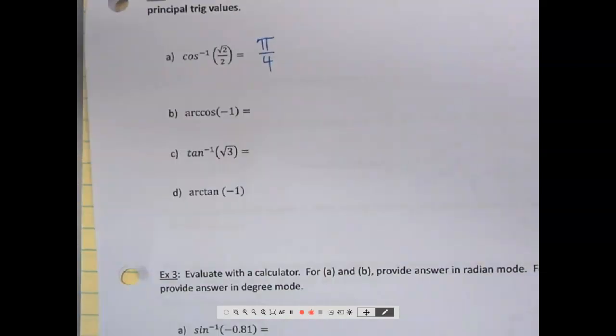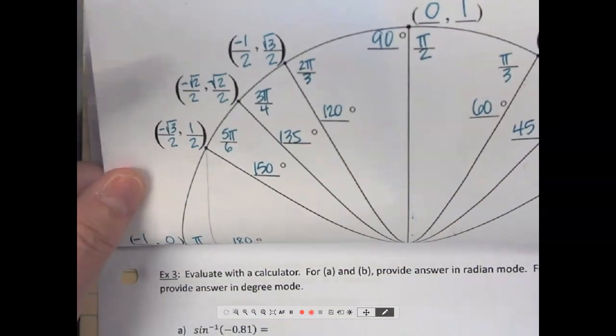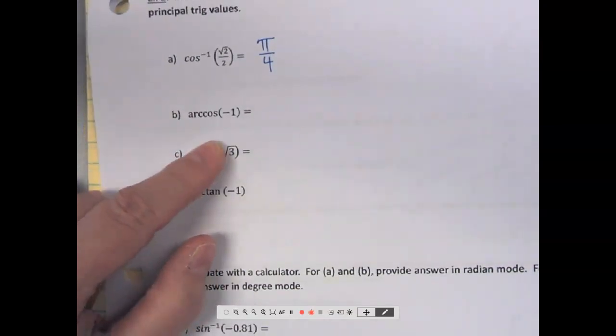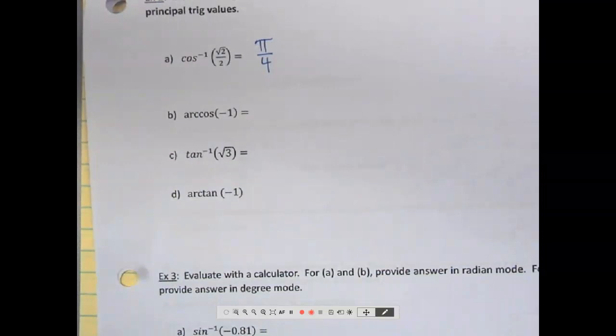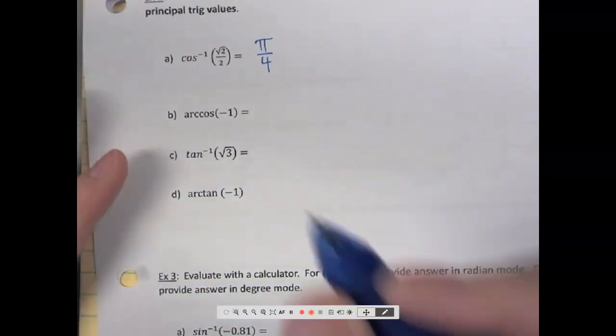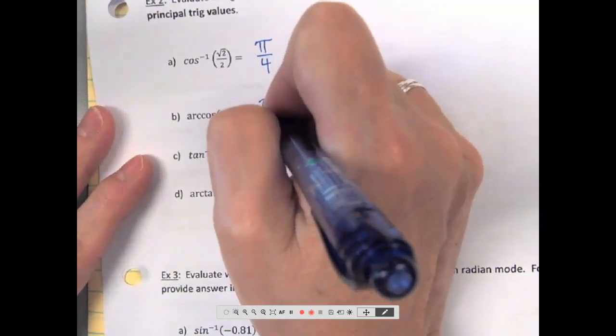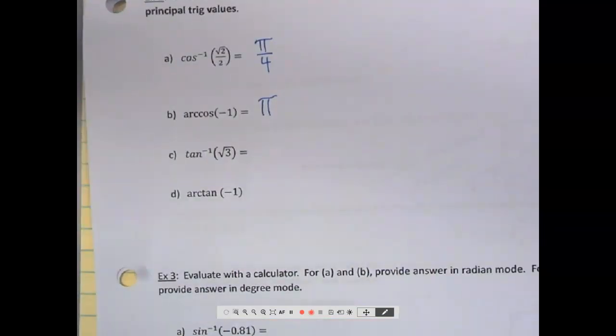It's cosine, so we are only searching quadrants 1 and 2 for an angle whose cosine is -1. Remember, cosine is your x-coordinate. So find that angle for me. 180 or pi. Depending on what I want that answer in, if I want it in radians, we'll use pi. Degrees, 180. If I don't care, then it's your call.